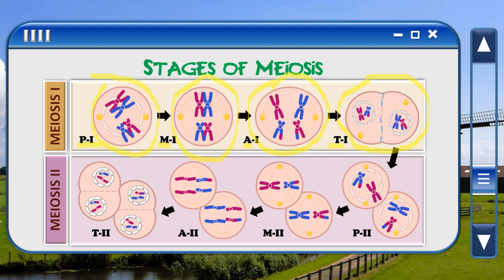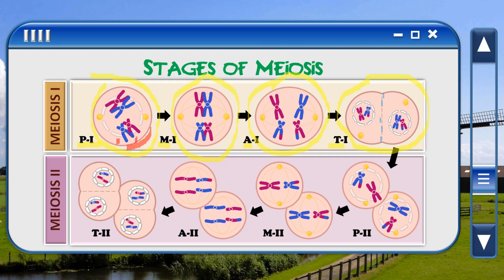Now I want us to see here in meiosis 1, in prophase 1 and also metaphase 1, you can see that there is crossing over taking place at these homologous chromosomes.